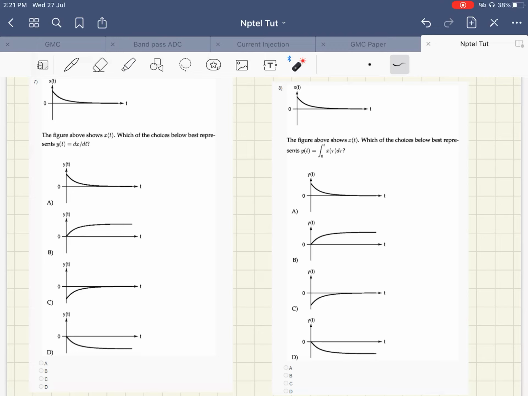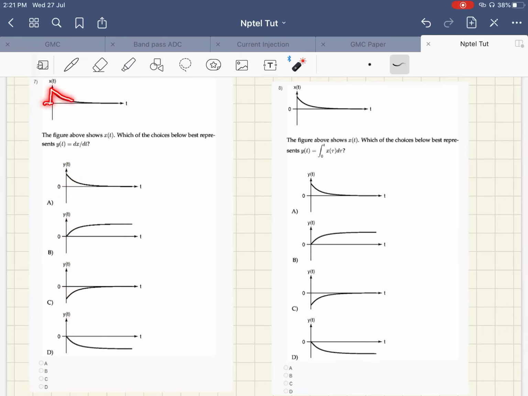This is a decaying exponential kind of waveform, x of t, and we are asked to find the dx by dt and the integral waveform. Now, dx by dt, looking at the curve, first of all, there will be an impulse at the origin in each of the cases. Why will we have the impulse?